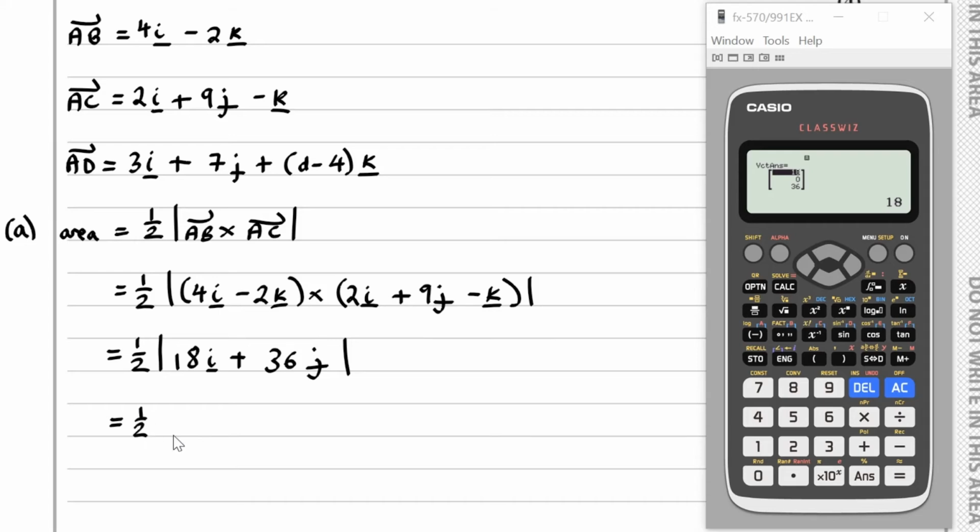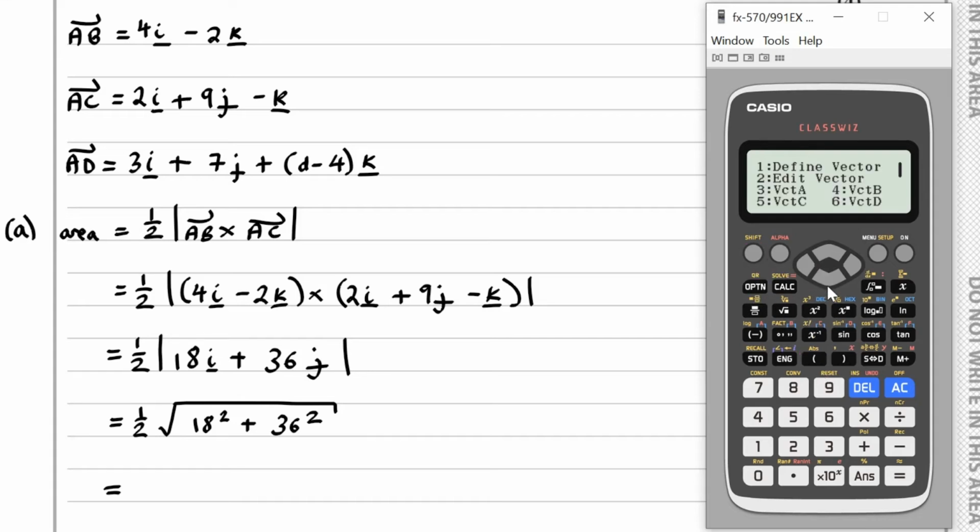Okay, so we have 1/2 times the square root of 18 squared plus 36 squared. So if we work this out, we want to find the absolute value of what we've just worked out.